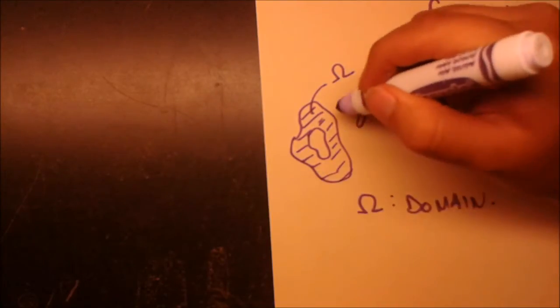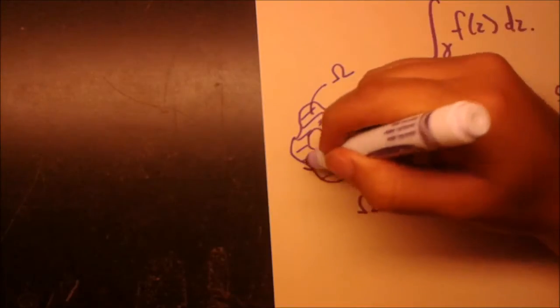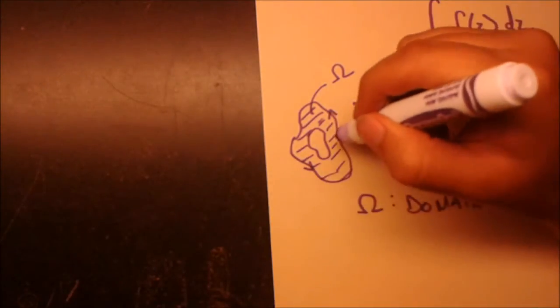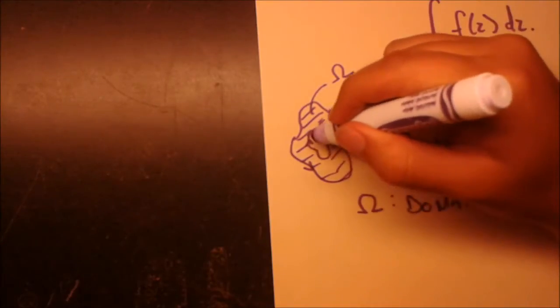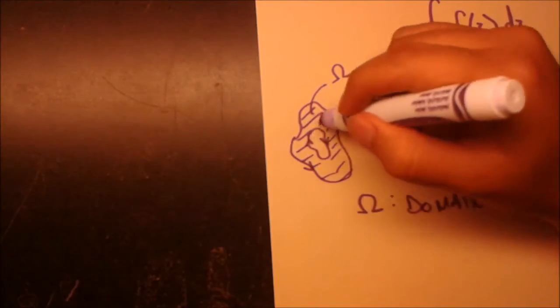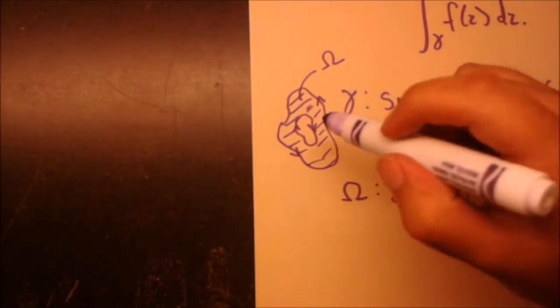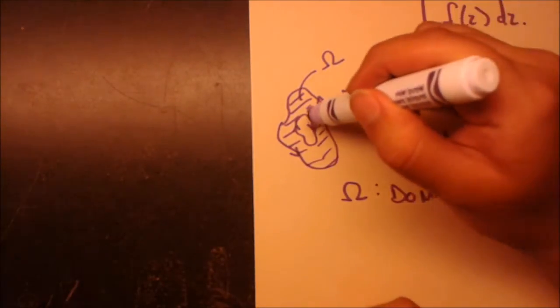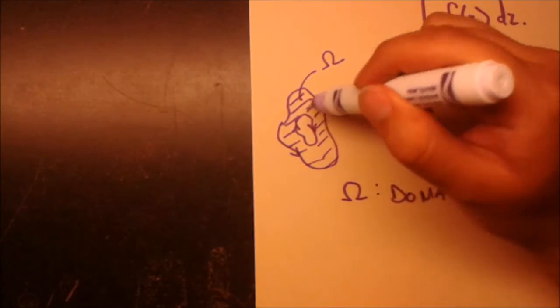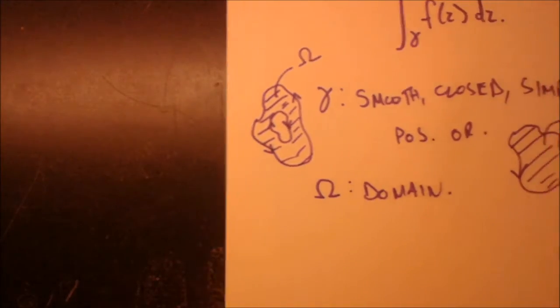The outside one is going counterclockwise as usual, because that keeps the inside on the left. But the inside one must be going clockwise, because only by going clockwise do you keep omega always on your left. So sometimes you might see domains with holes in them. You just have to be careful to always put the inside curves going clockwise and the outside curve going counterclockwise.